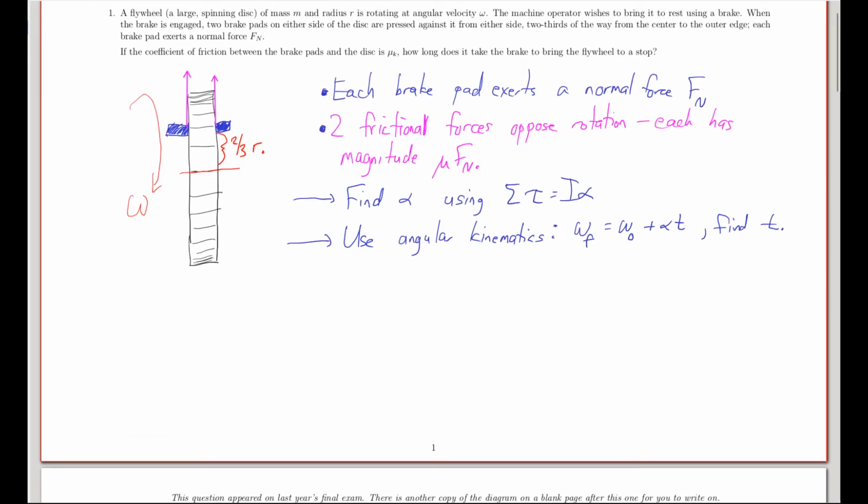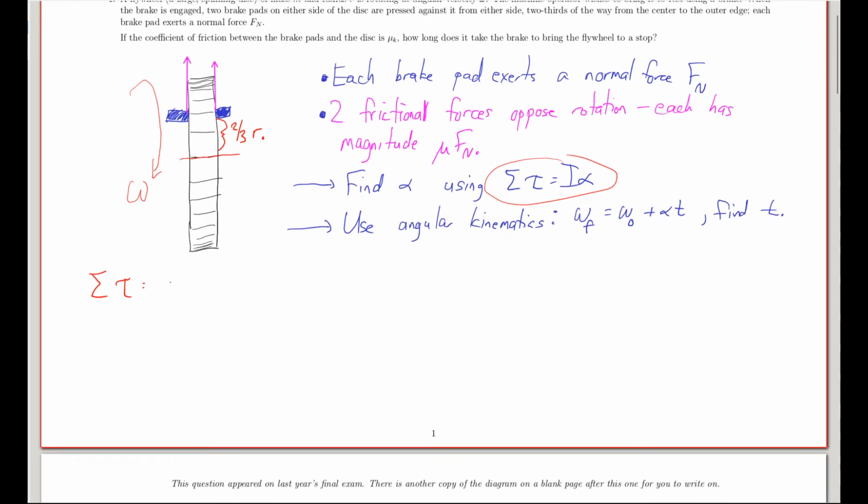So using this expression, the torque from each brake is going to be the distance from the center times the force. The net torque will be, let's see, there are two brake pads times 2/3 r times the force that each one applies, mu Fn. And we can set that equal to the moment of inertia times the angular acceleration.